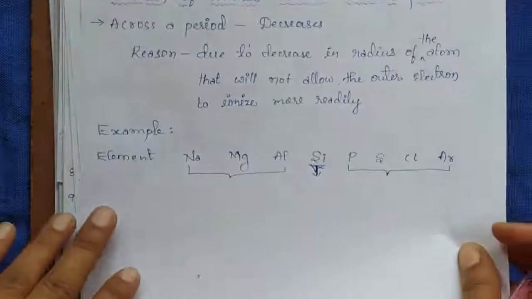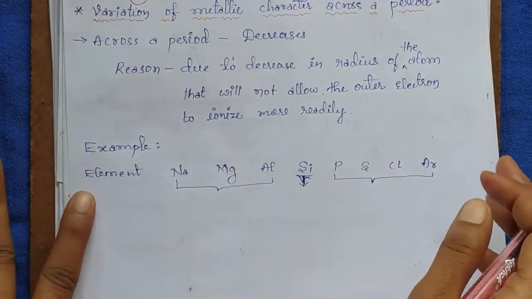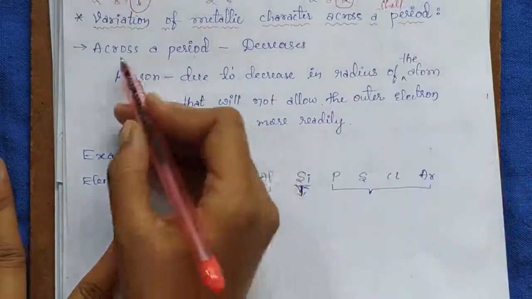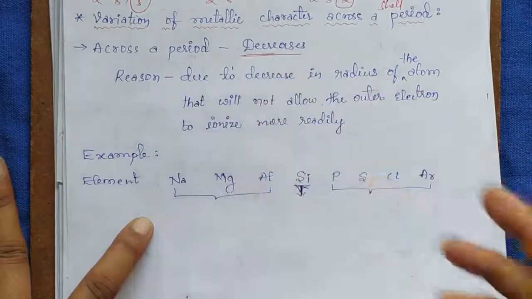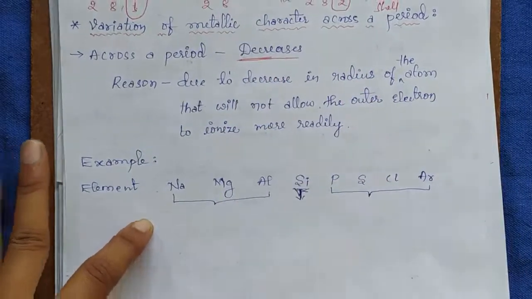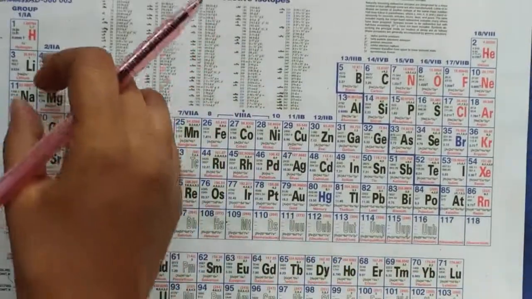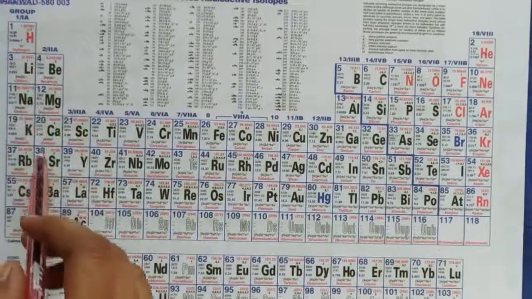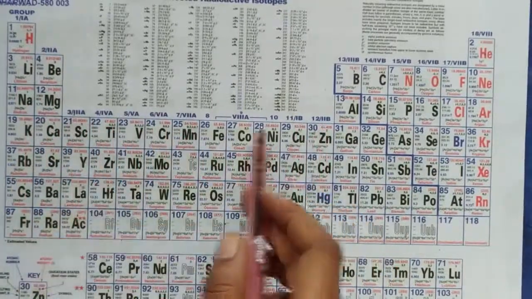Now we will see how this electropositive nature or metallic property varies across a period. Across a period, metallic character decreases. Children, you can remember here in the periodic table, group 1 and group 2 are metals, and in between, from group 3 to 12, they are also metals.